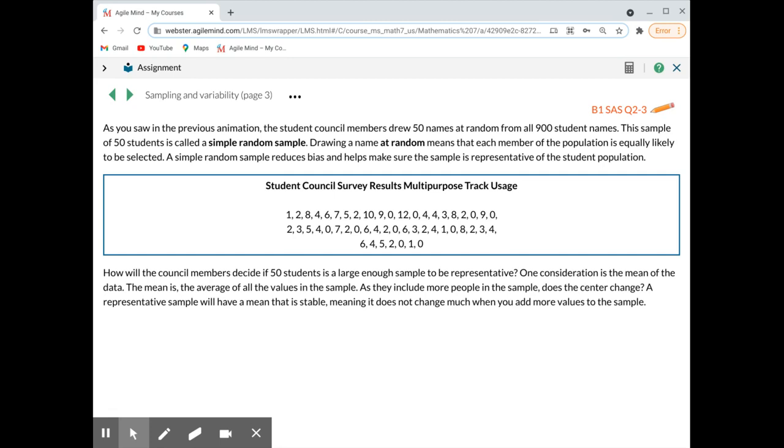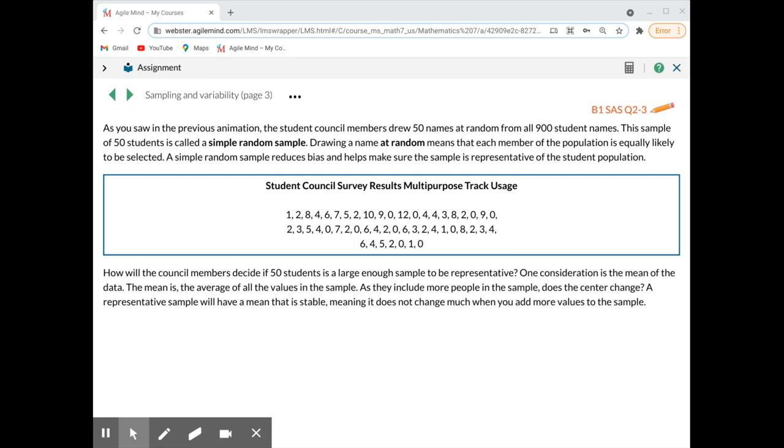So to help you, since we're looking for a statistical sample, goodness gracious, what a tongue twister, what do you think that type of sample allows you to do? What does a statistical sample allow you to do?